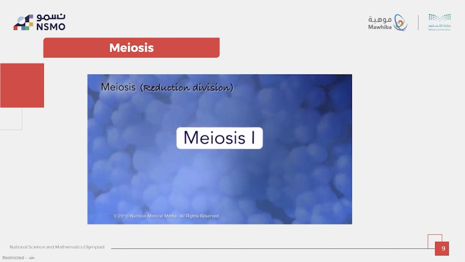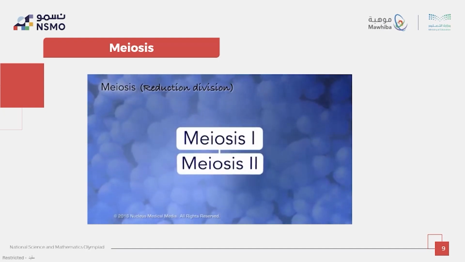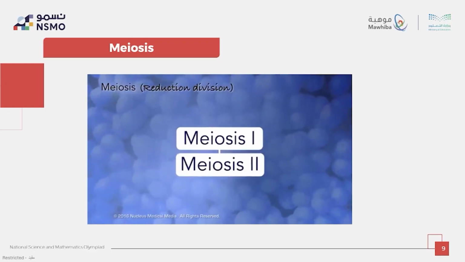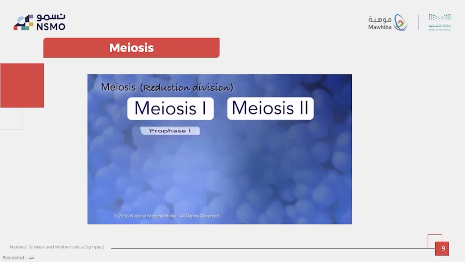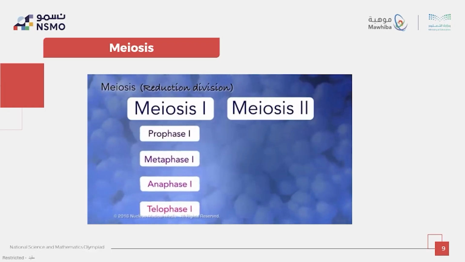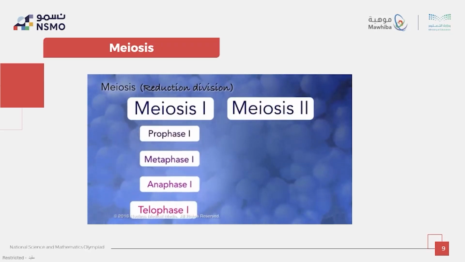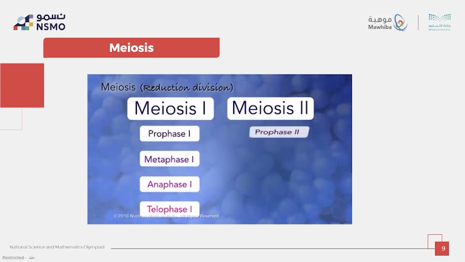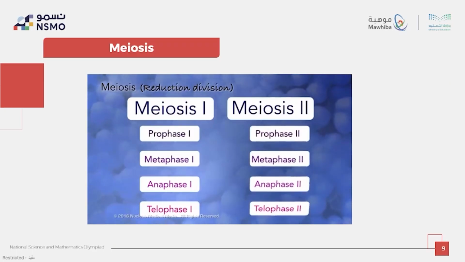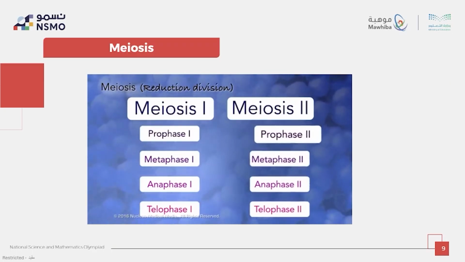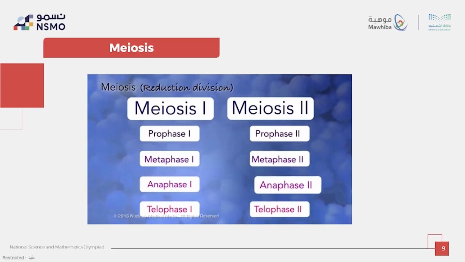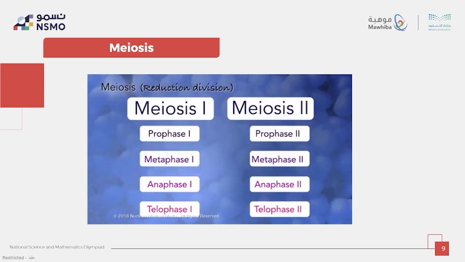Meiosis is broken down into two stages of cell division, called meiosis I and meiosis II. Meiosis I has four phases: prophase I, metaphase I, anaphase I, and telophase I. And meiosis II also has four phases: prophase II, metaphase II, anaphase II, and telophase II.